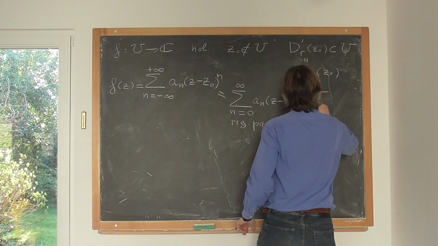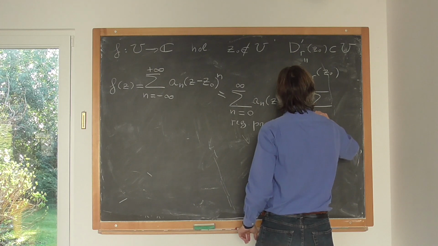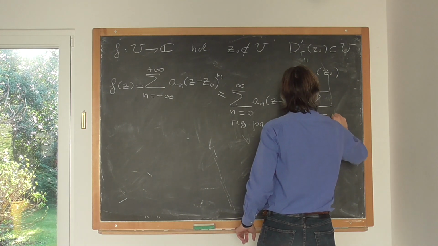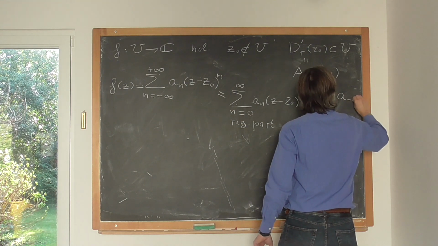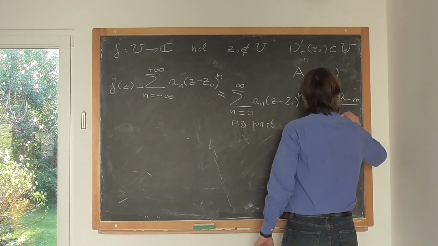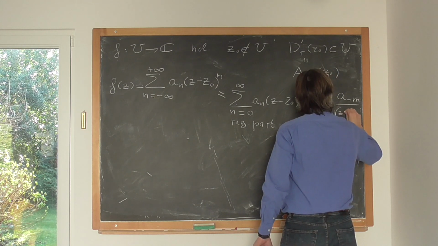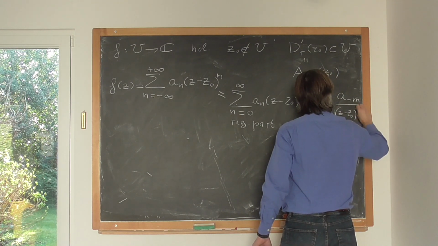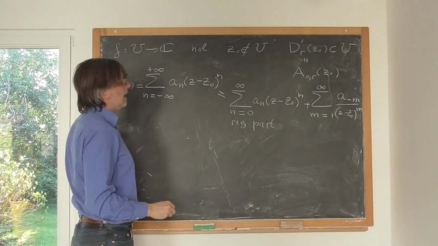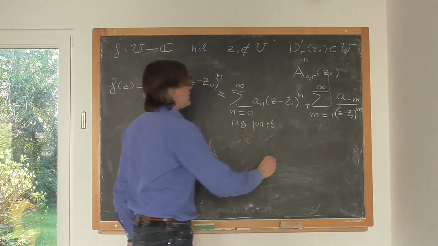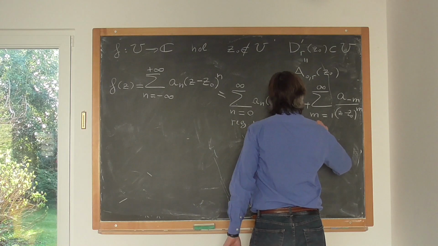By renaming indices, this is a sum for m going from 1 to infinity of a_minus m divided by (z minus z naught) to the power m. Here we have the negative powers of z minus z naught, and this is the principal part.